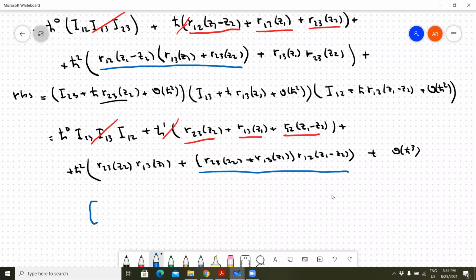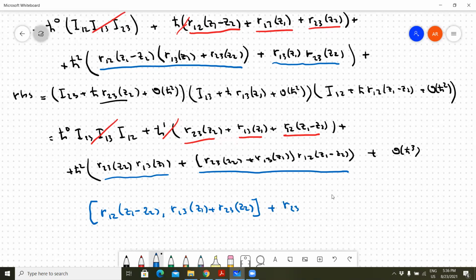So it's R12. And this with this is another commutator. I put it wrong, so it's that side first, so it's 1, 3. Which is exactly the classical Yang-Baxter.